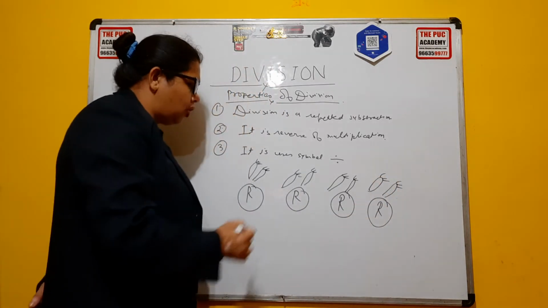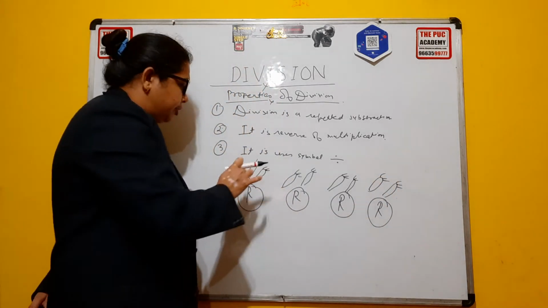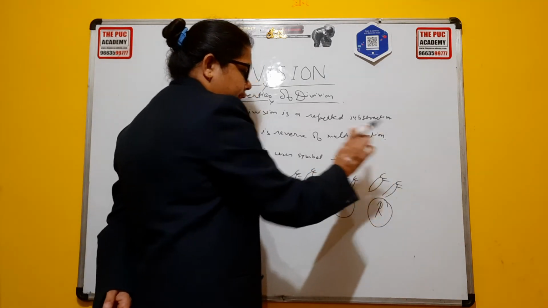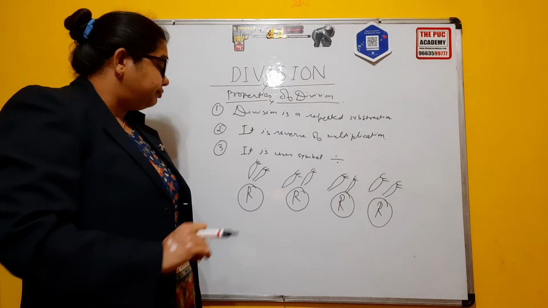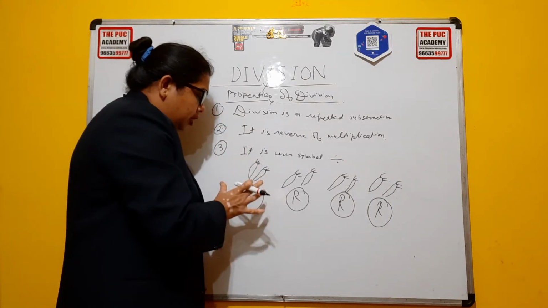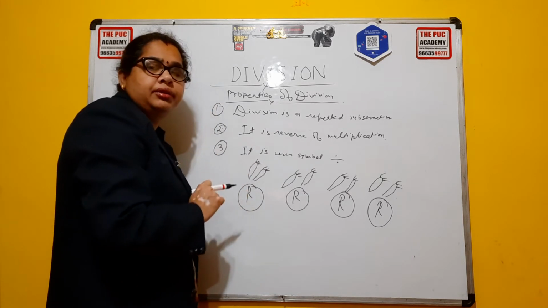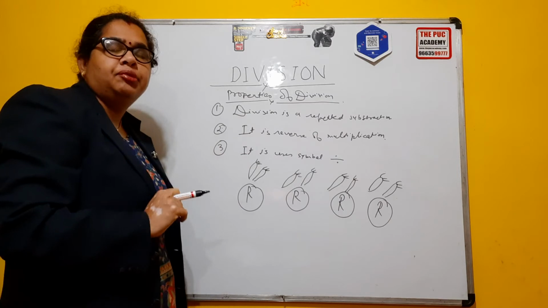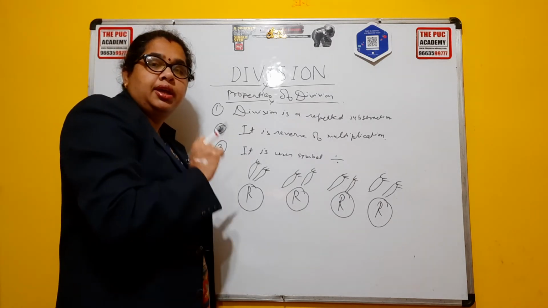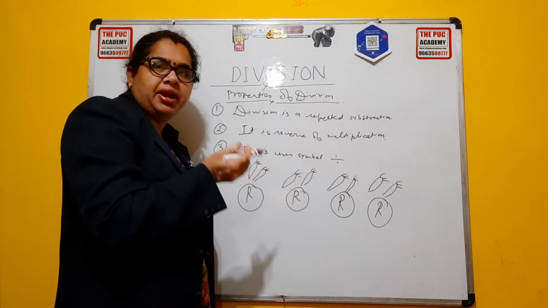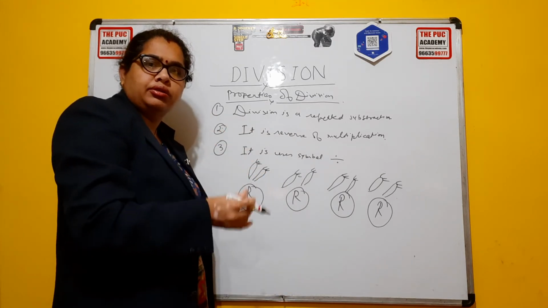So now you count, all the carrots are divided. 1, 2, 3, 4, 5, 6, 7, 8. So one quantity is divided equally by the other. The bigger quantity will be divided by the smaller quantity equally. If something is left out, that we say is the remainder, that we will see in the concept.